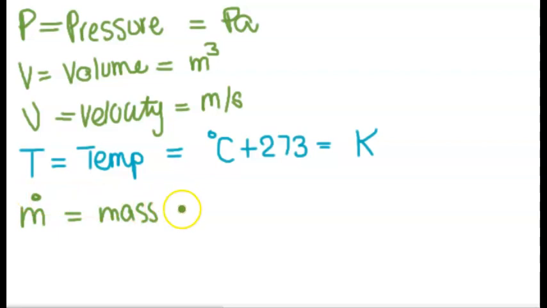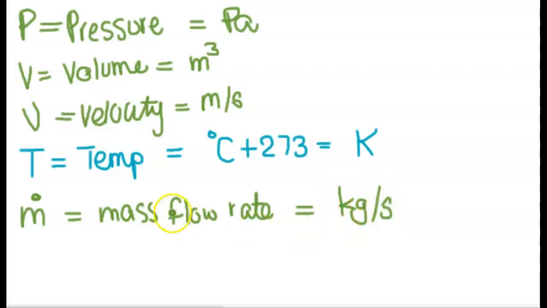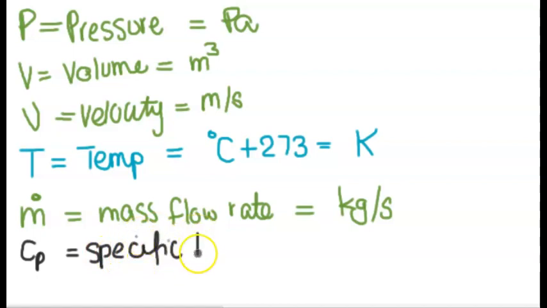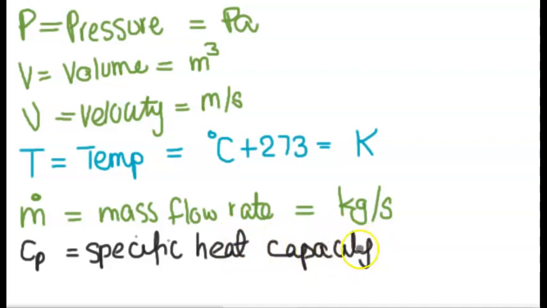M dot is mass per second, mass flow rate. And the unit is kilogram per second. Cp is specific heat capacity.